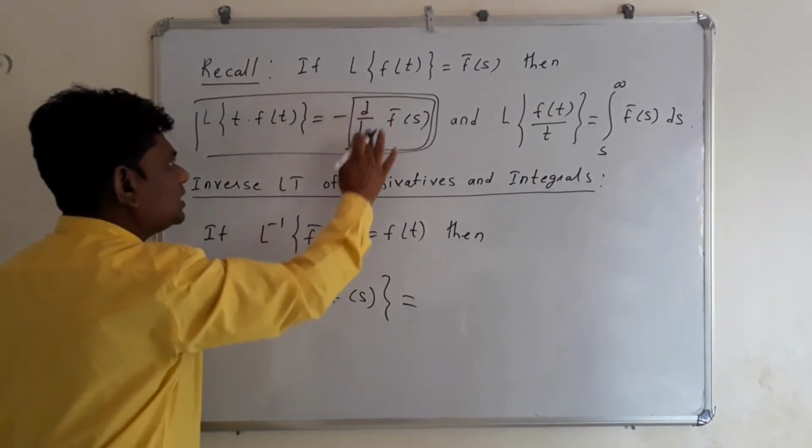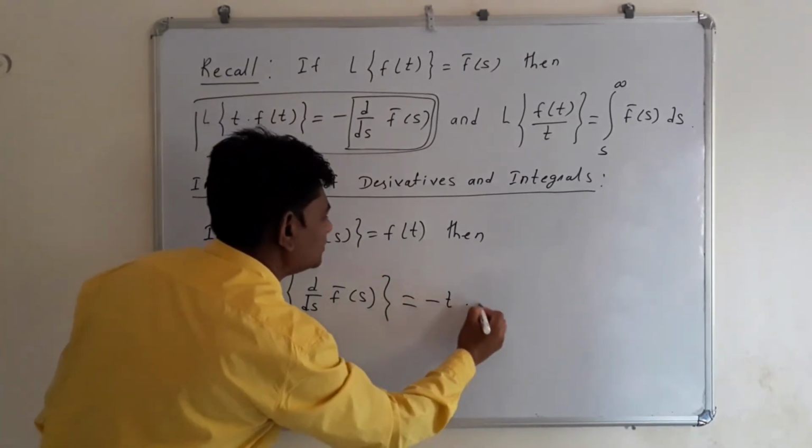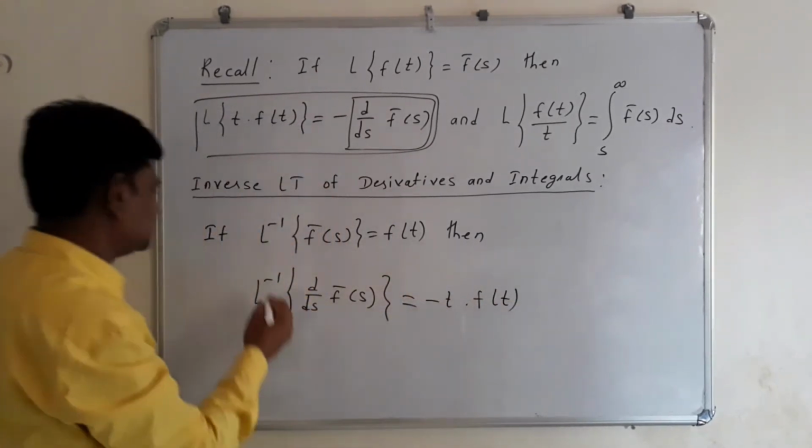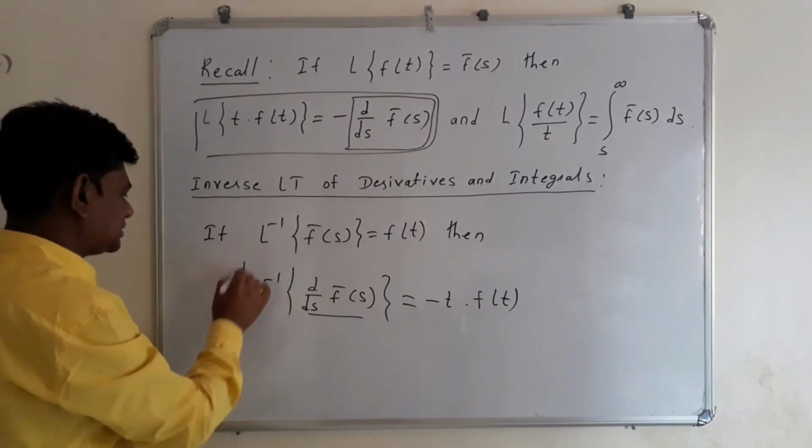Then inverse of d by ds f bar s is equal to minus t times f of t. So this is the inverse of derivative of f bar s.